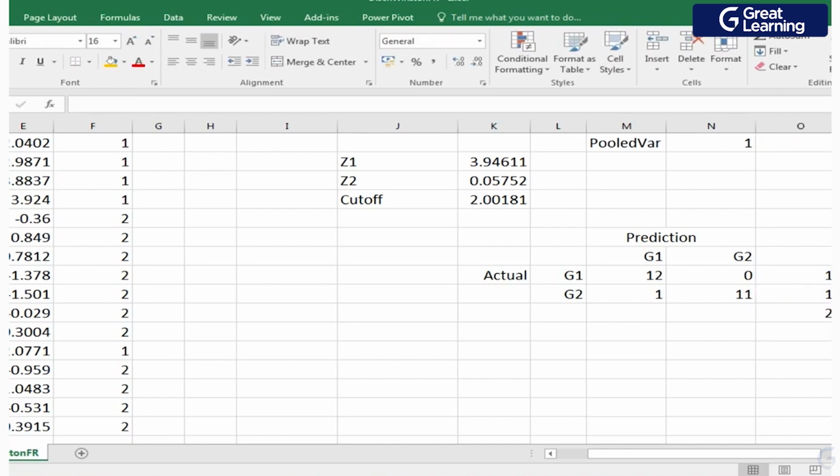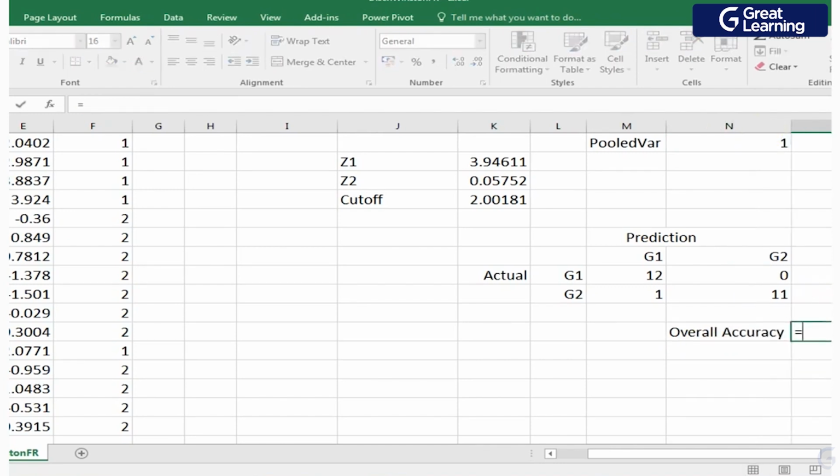The confusion matrix says the overall accuracy of the model prediction actual is 23 by 24. Am I correct? So let me put here overall accuracy. What is the overall accuracy?